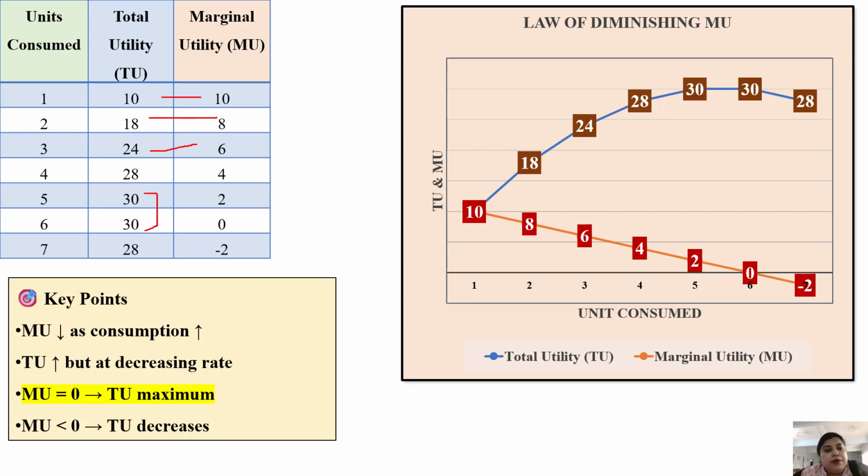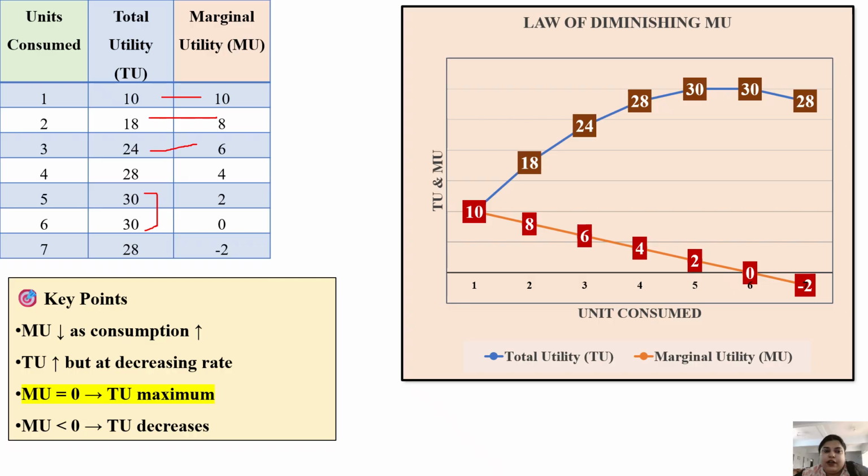But marginal utility declines from the starting point, and it will be zero when TU is maximum, or total utility is saturated, and after that it becomes negative. So let's see the graph, where TU and MU are on the vertical axis and units consumed on the horizontal axis.